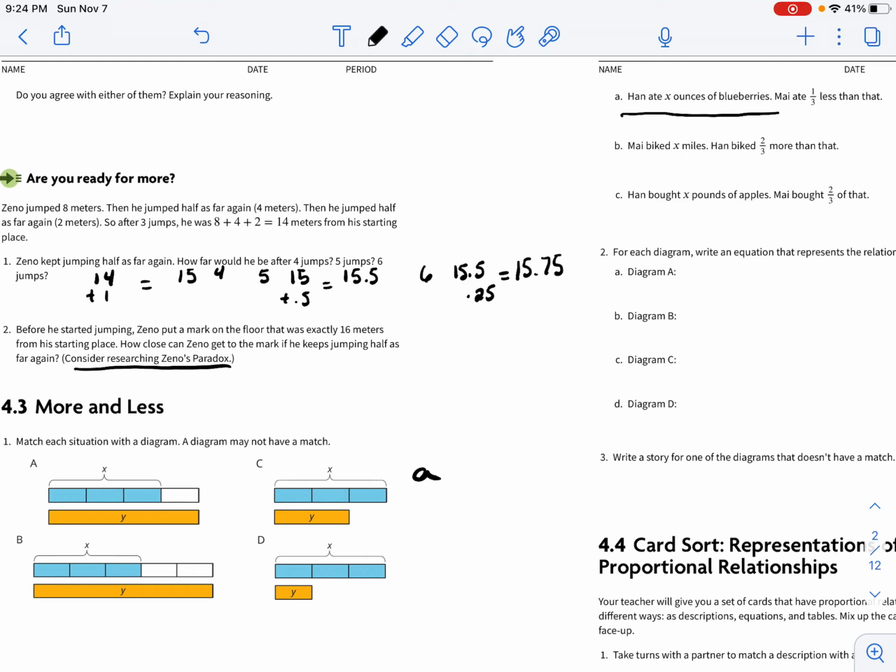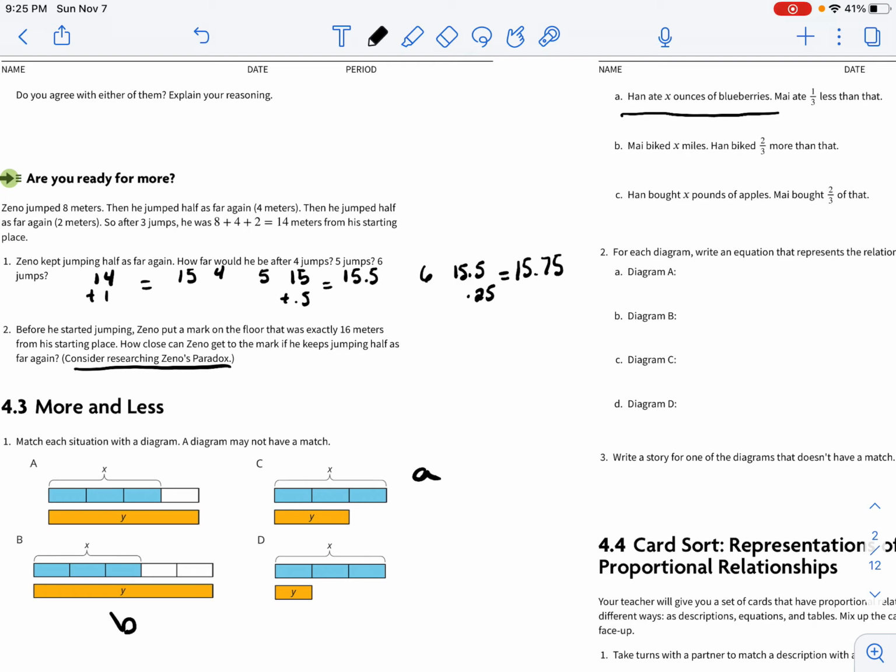Maya bikes X miles. Han bikes 2/3 more than that. So that one would go with B here, because the original, they biked 3/3, and then Han did 2/3 more than that original one. So hence the 2/3 more.